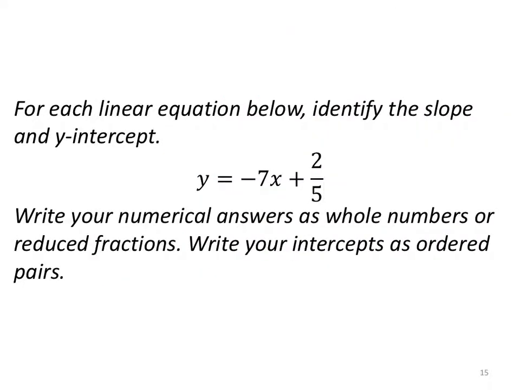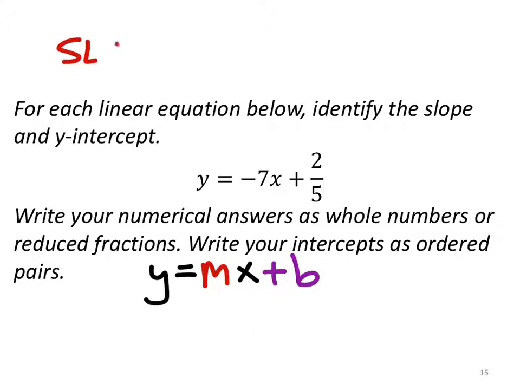All right, here's another one. Identify the slope and the y-intercept. Once again, just looking at the form, slope-intercept form, y equals the slope times the x plus the y-intercept. The slope in this case is the coefficient of x, or the number being multiplied by x, which in this case is negative 7.